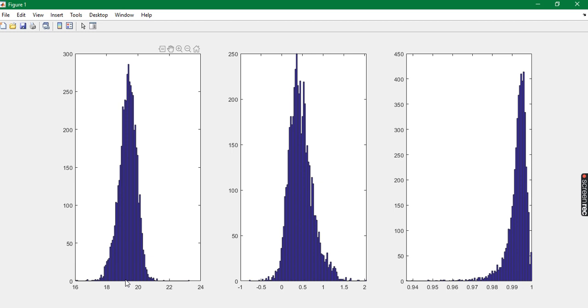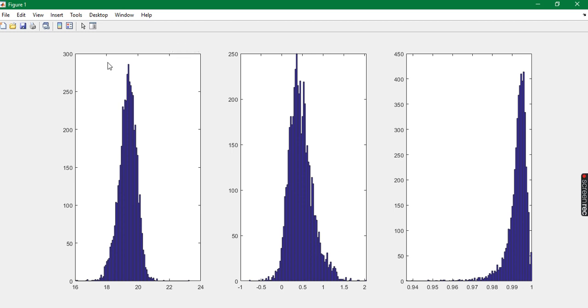So our mean estimate will be around 18 point or 19 point something, and this is the boundary of 5000 times if I am repeating. Similarly, this is the distribution for intercept, somehow a normal distribution, and this is the R square values which is varying from 0.98 and 1 to some extent. This distribution is also a normal one. The mid value is somewhere 0.99.